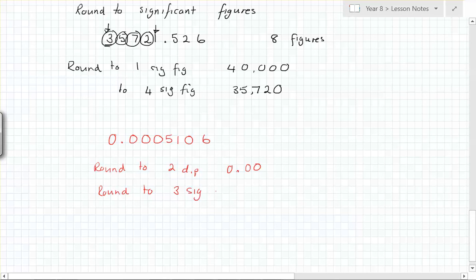If I said to you round to 3 significant figures, what would you say? 0.00. I know exactly why you've said that, but it's not right. 0.000511.